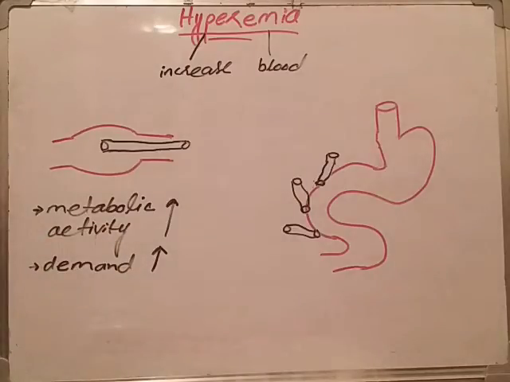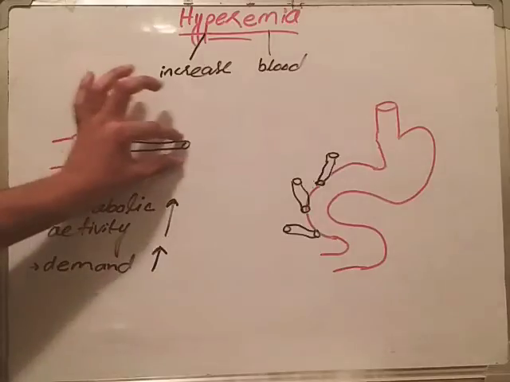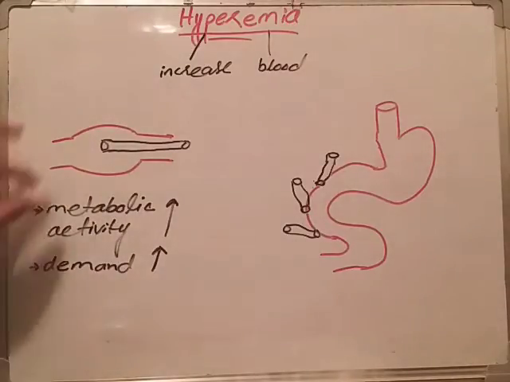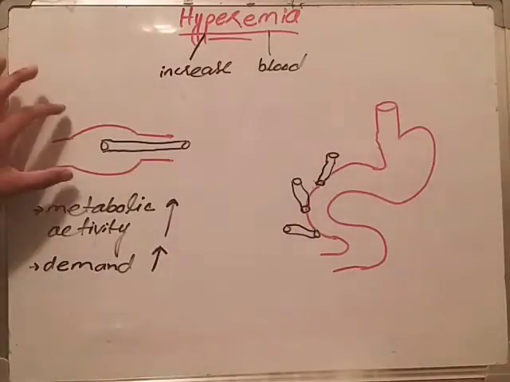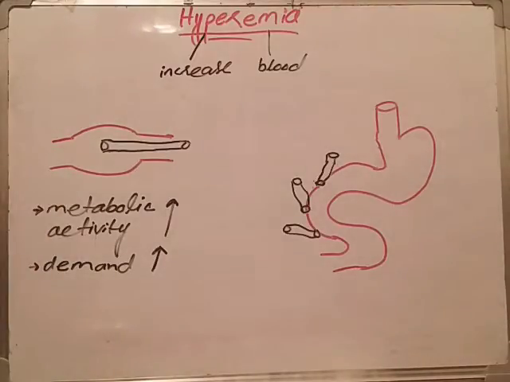So if in heavy exercise the blood vessels remain the same and the metabolic activity in the muscles keeps on increasing, then what will happen? The metabolic activity occurring in our skeletal muscle uses oxygen.